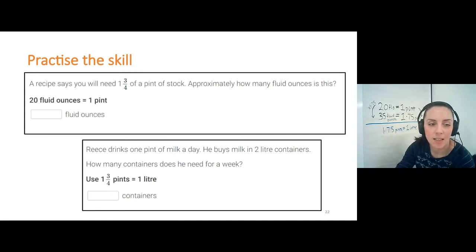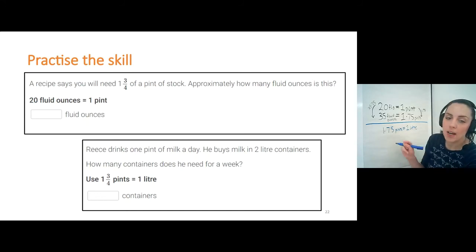Has everybody got an answer? We must remember here, thank you, Halima, that it asks how many containers are needed for a week. So Reese drinks 1 pint of milk a day. He buys milk in 2-litre containers.